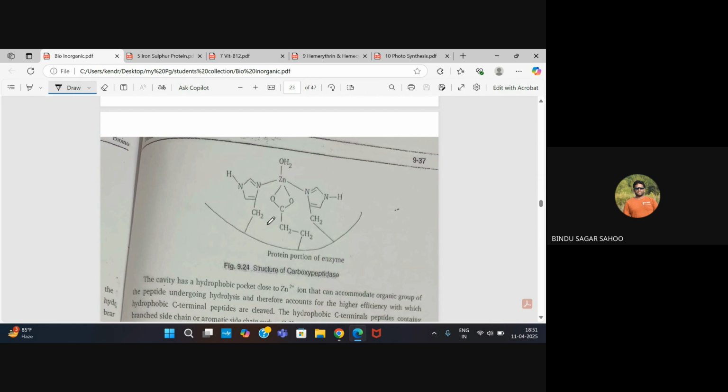The difference is that here a glutamic acid residue is present. In carbonic anhydrase, they are also there, but there a histidine residue is present. The difference is in this place: in carbonic anhydrase, a histidine residue is present, but here a glutamate residue is present.